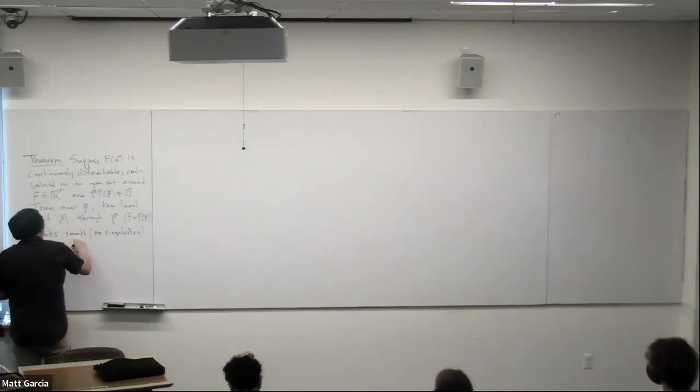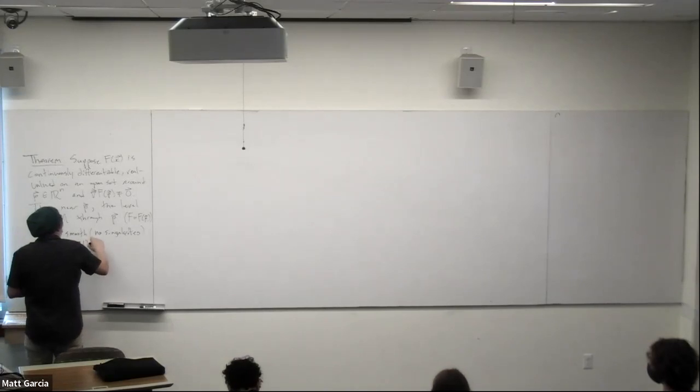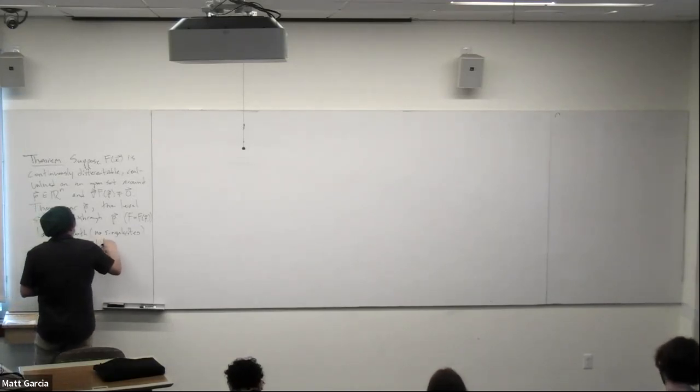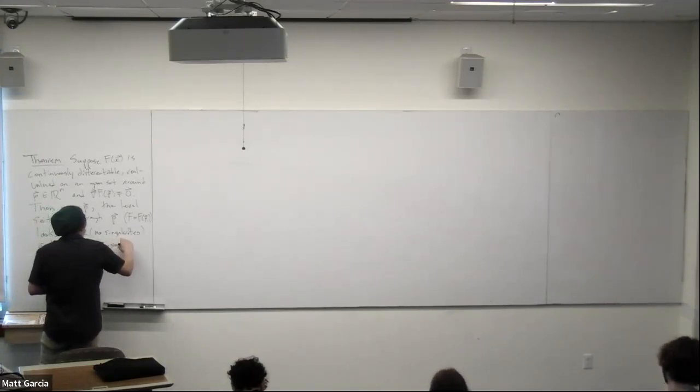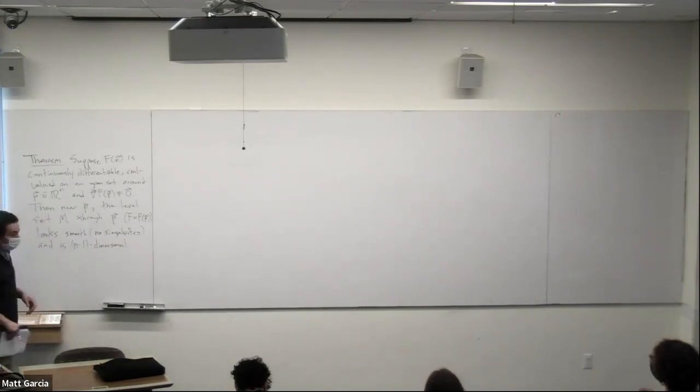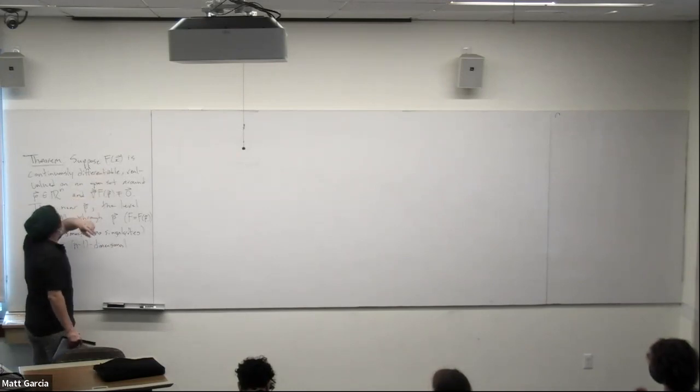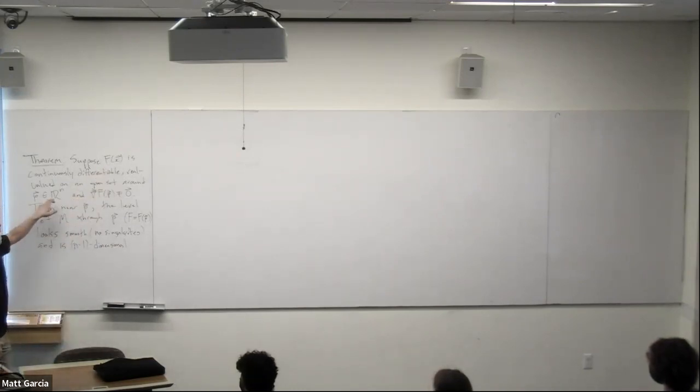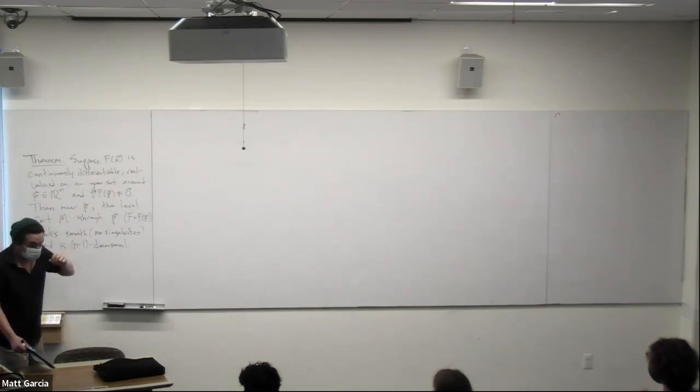And is n-1 dimensional, right? Okay, so f we can deduce is a function of n variables because P is in the domain, right? And it's a n-dimensional vector.